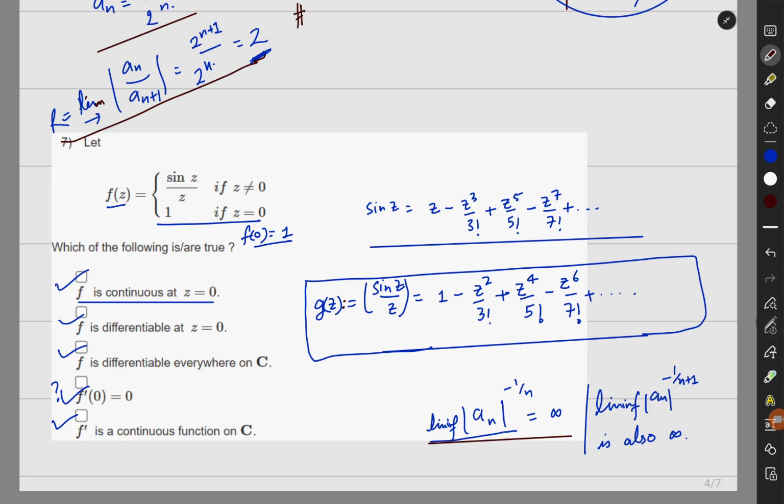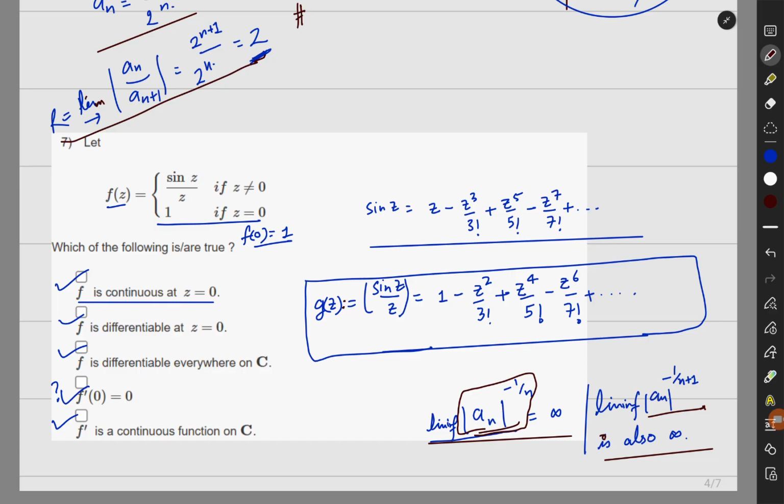In the first case it is infinity because sin z is an entire function, defined everywhere on the complex plane. This is basic calculus from real analysis. When this sequence is unbounded, this sequence is also unbounded. Some kind of comparison test you can apply.